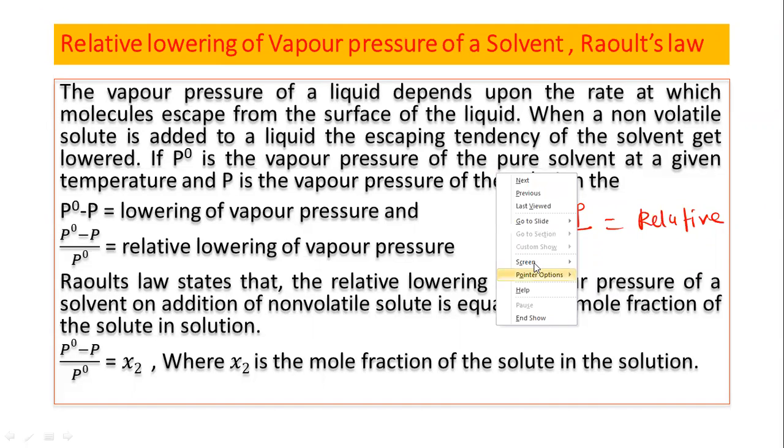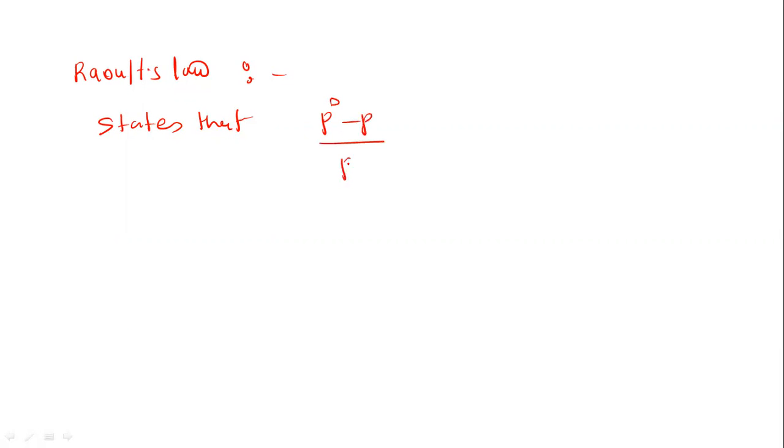That is, P0 minus P upon P0, the relative lowering of the vapor pressure, is equal to the mole fraction of the solute, X2.